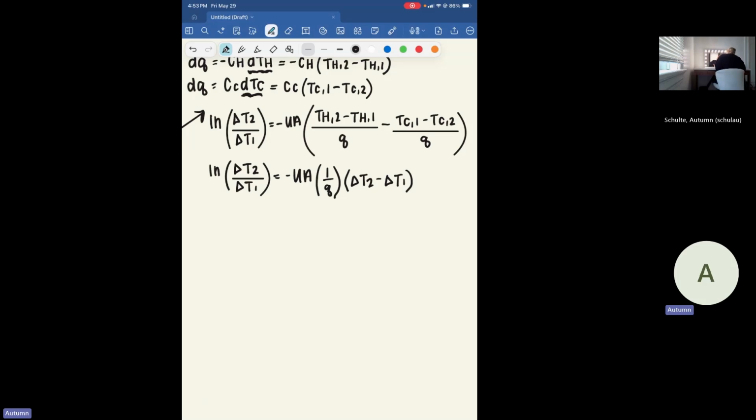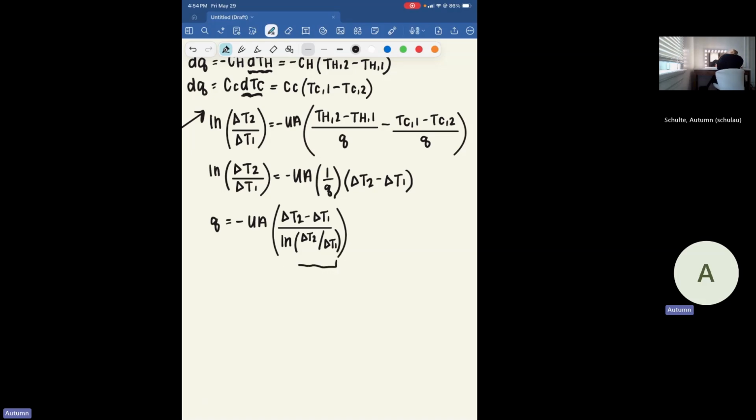And now if we want to solve for Q, Q is going to be equal to negative our overall heat transfer coefficient multiplied by our area, multiplied by delta T2 minus delta T1, divided by the natural log of delta T2 divided by delta T1.